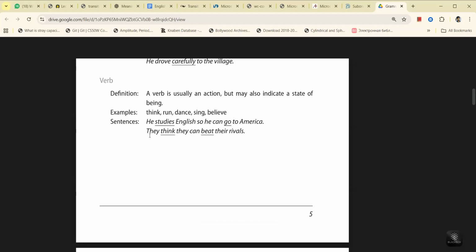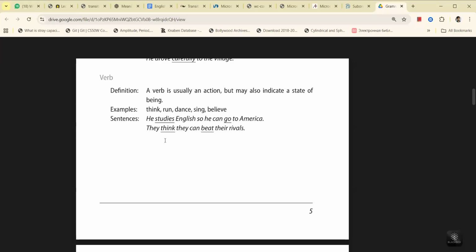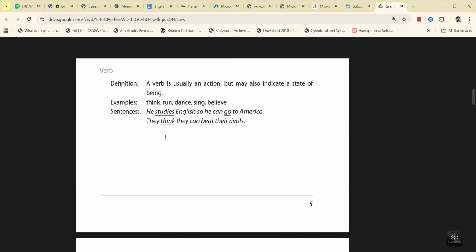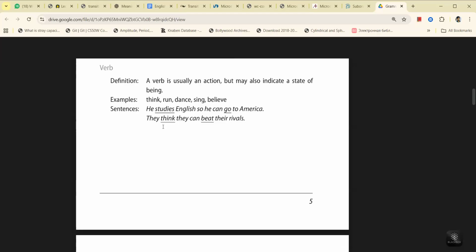So here studies and go are the verbs, and in they think they can beat their rivals, think and beat are the verbs.